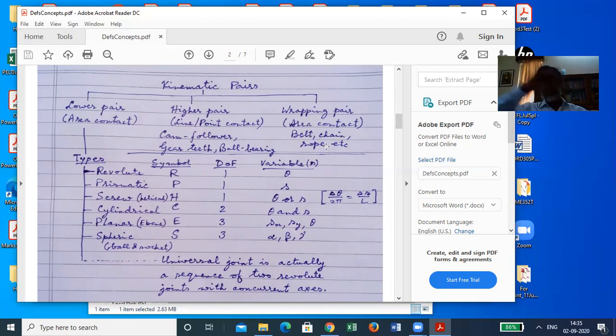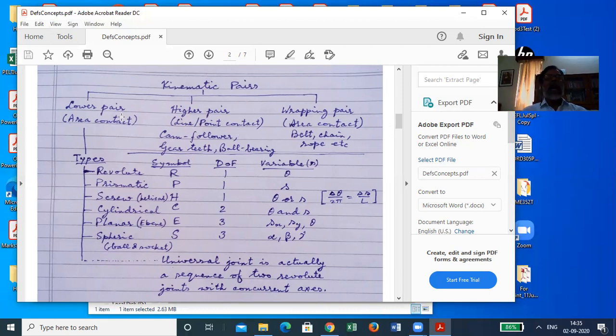Okay, so a belt or a rope or chain wraps around the surface of the other link. Okay? So such pairs are called wrapping pairs. We also give area contact for that matter, mostly area contact. It is possible to, you know, critically make some sort of line contact, but typically it doesn't work properly during operations. Now, these are special and to be treated specially.